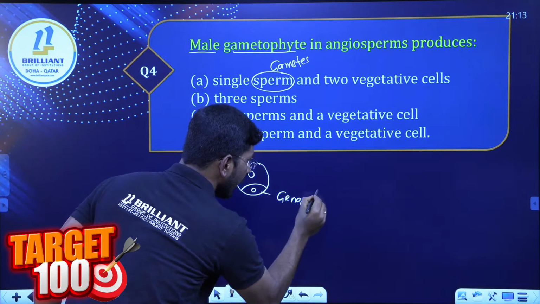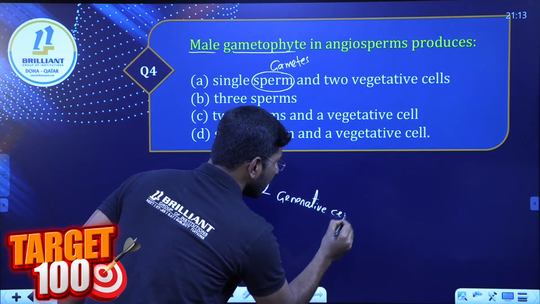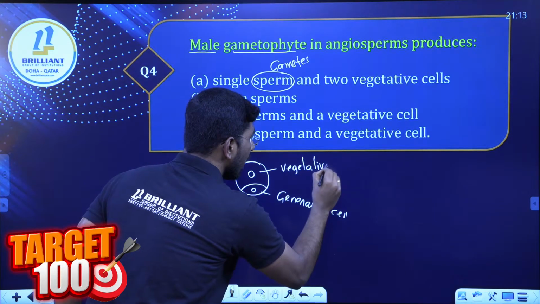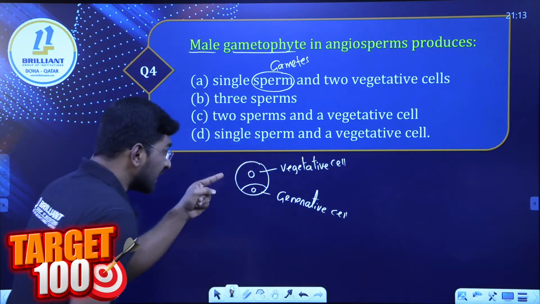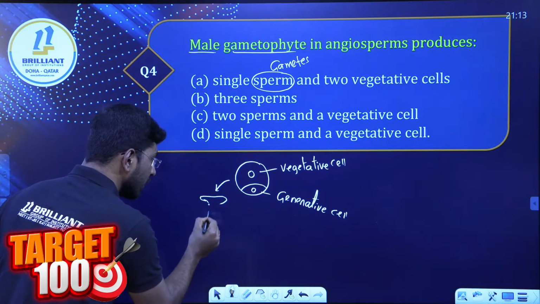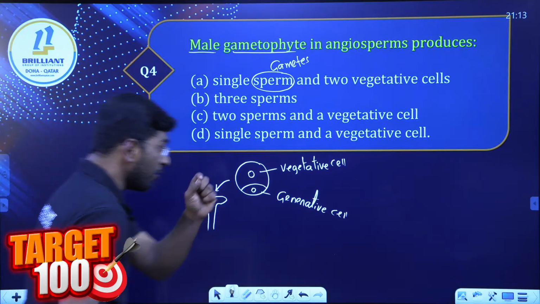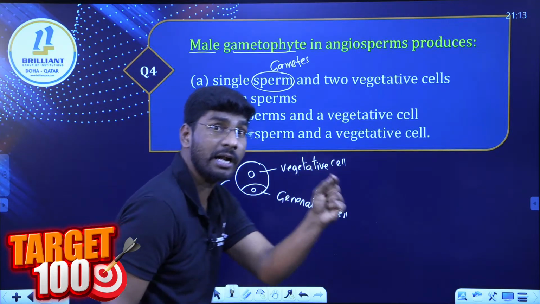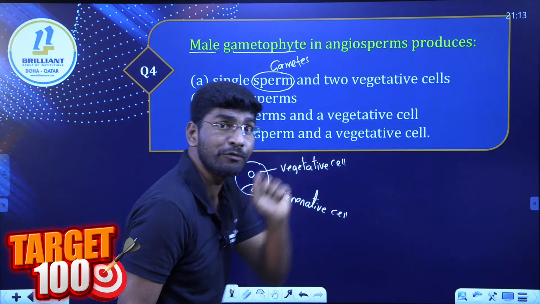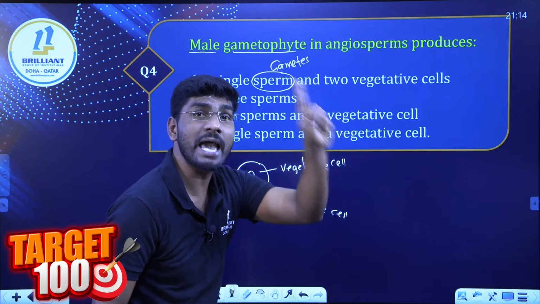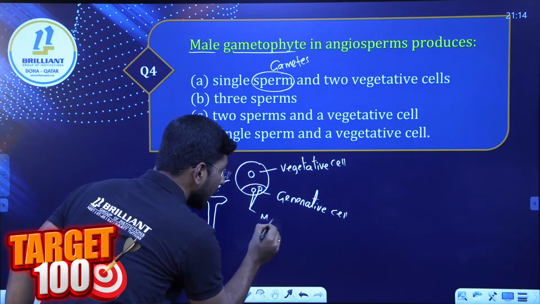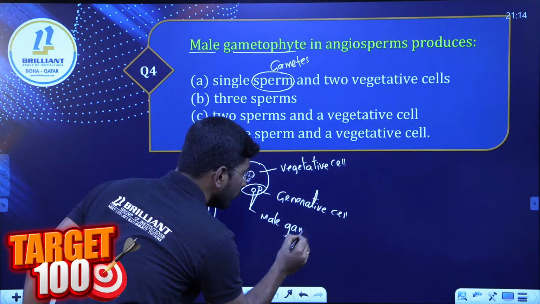Once the pollen grain drops on the stigma, this generative cell undergoes one mitotic division to form two male gametes. These two are called male gametes. Remember, gametes.